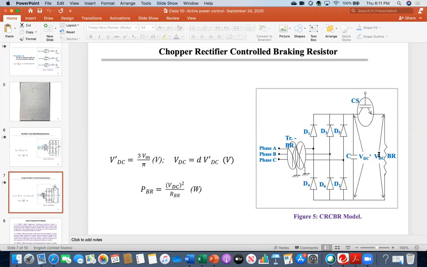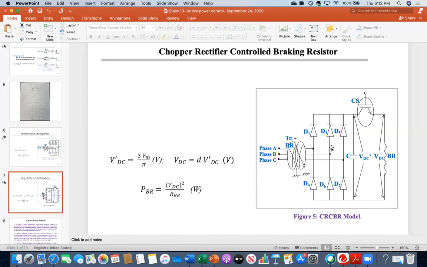Once you get the DC voltage, the same principle applies, P = V^2/R. At the beginning, I have defined V'DC, the first DC voltage that appears across C, and then the actual voltage across the braking resistor, which I have defined as VDC. The first one, V'DC = 3 Vm/pi cosine of alpha, but I have put it uncontrolled, meaning full conduction.